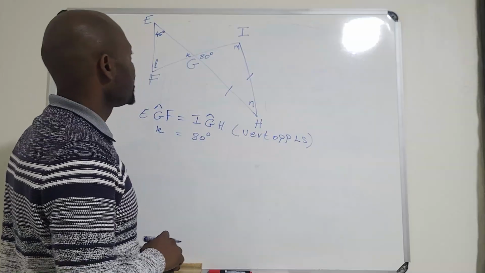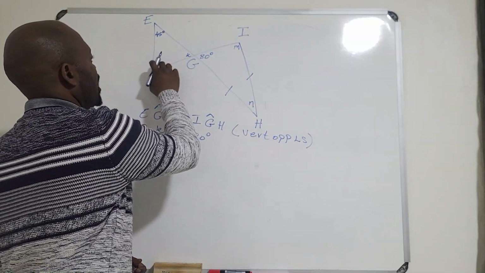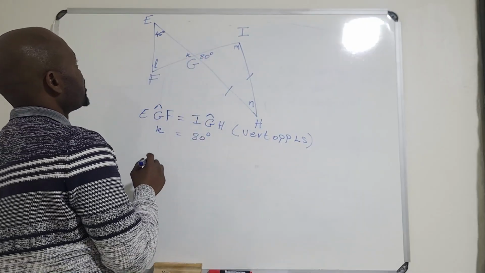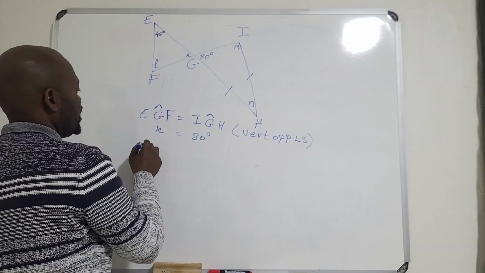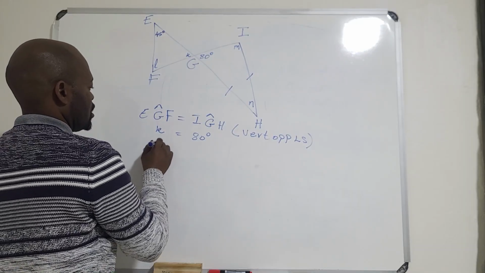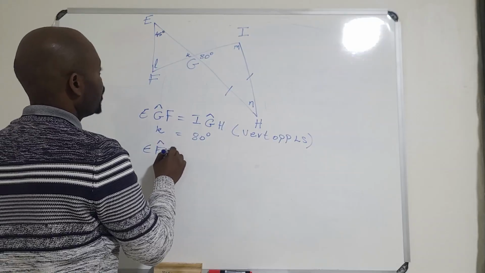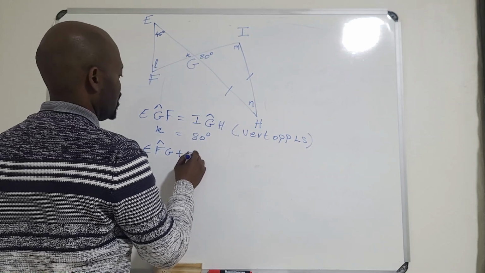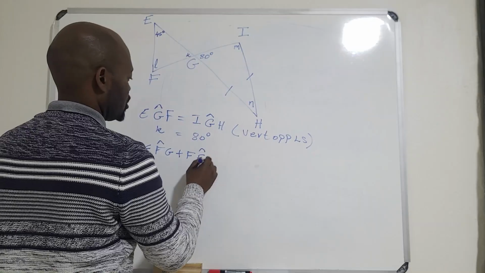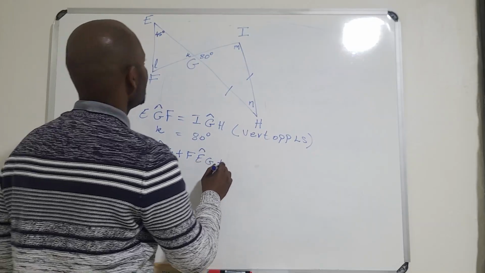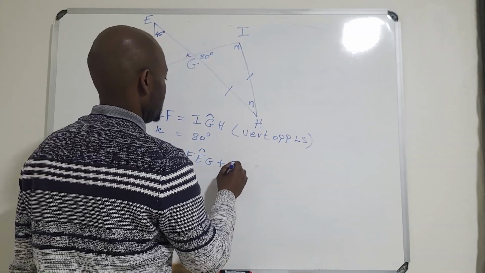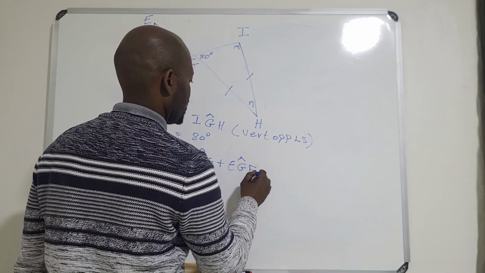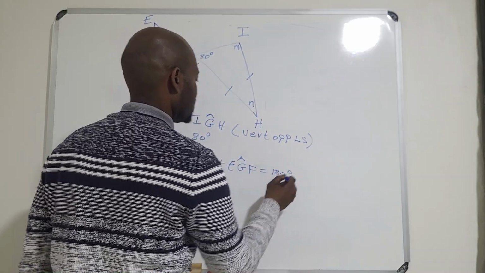Now, we can find L. We now know that K is 80. We can use the property of interior angles. Angle EFG plus angle FEG plus angle EGF is equal to 180 degrees.